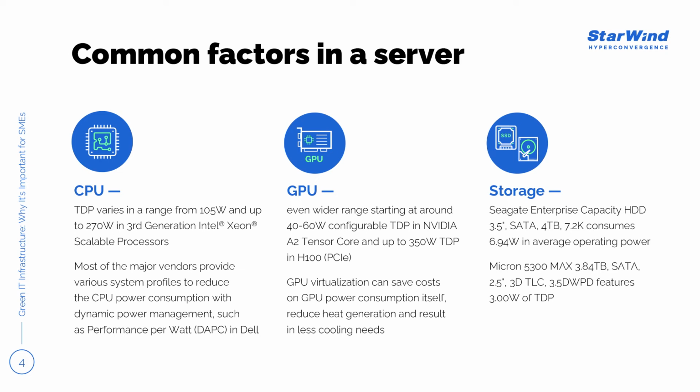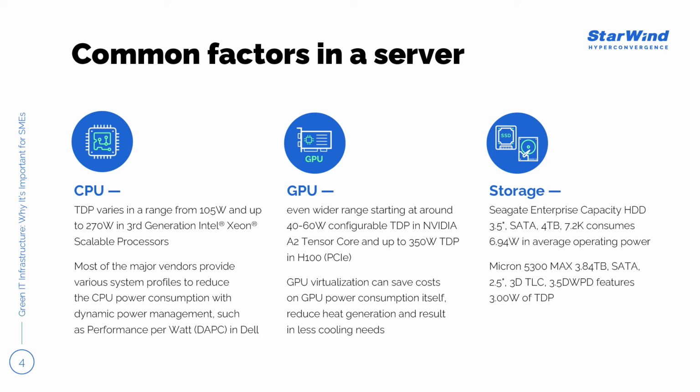For example, we can see that NVIDIA A2 Tensor Core starts at around 40 to 60 watts configurable TDP and goes up to 350 watts of TDP in H100. And I'm talking about the PCIe cards. So in this case, I'm not even mentioning the dedicated GPU servers that you can get, basically the enclosure filled with GPUs. Correspondingly, you can already multiply the wattage you'll consume.